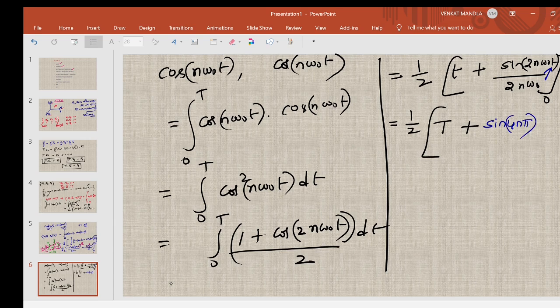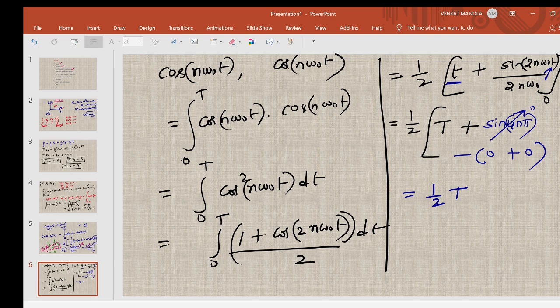Next, substitute the lower limit with a minus: in place of t, 0, plus sin 0, which is 0. Sin 4n pi is also 0. Now you will get 1 by 2 into capital T.